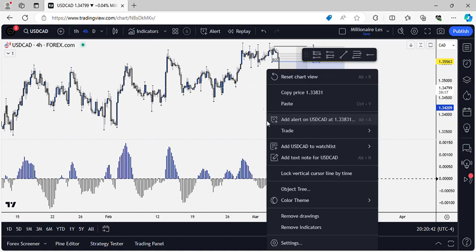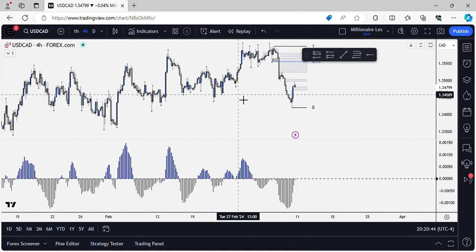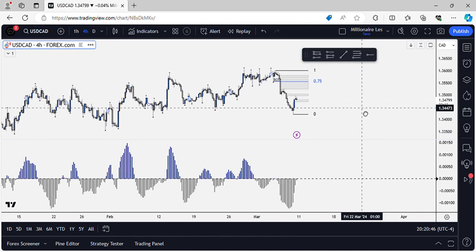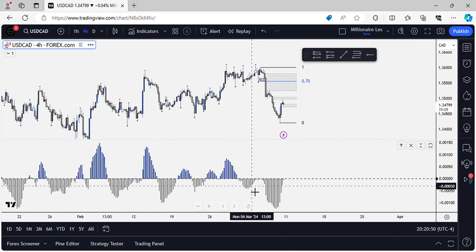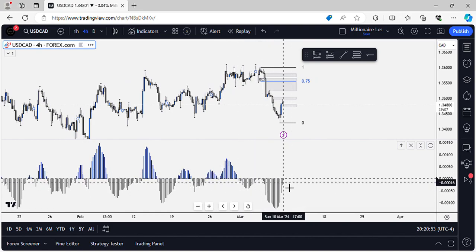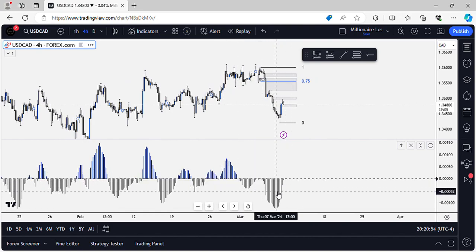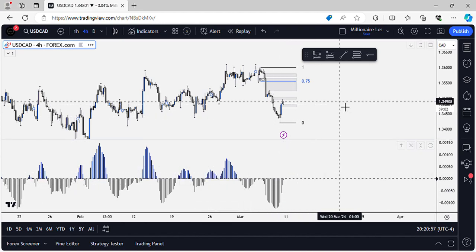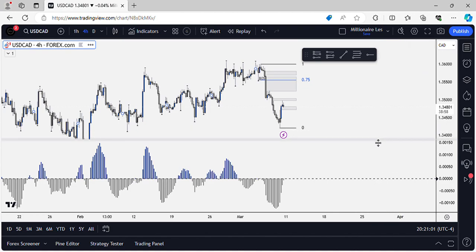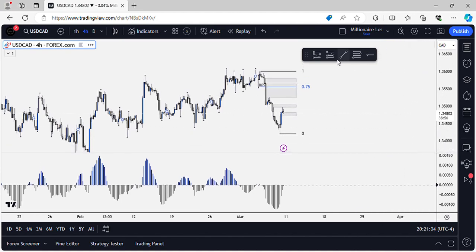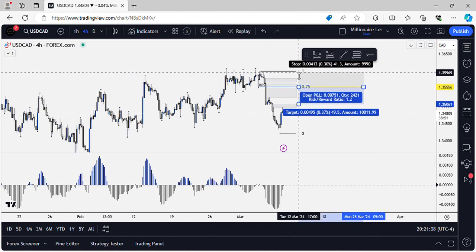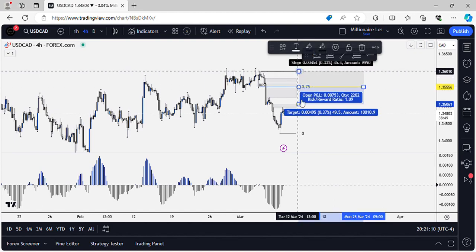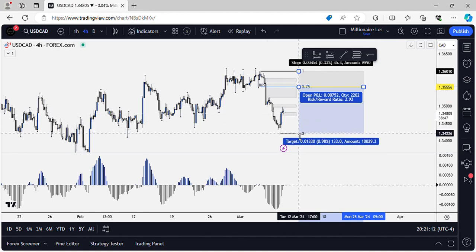All right, boom. USD CAD. As you can see, the fib has already drawn itself out. What I'm looking for is a flip, for the MACD to go from gray to blue. And once the MACD goes from gray to blue, I'm entering on my 0.75, my stop loss at the 100, and then my take profit at the 0.